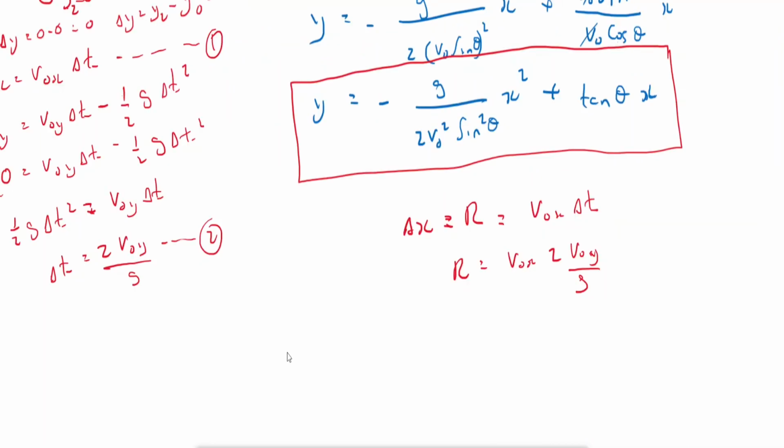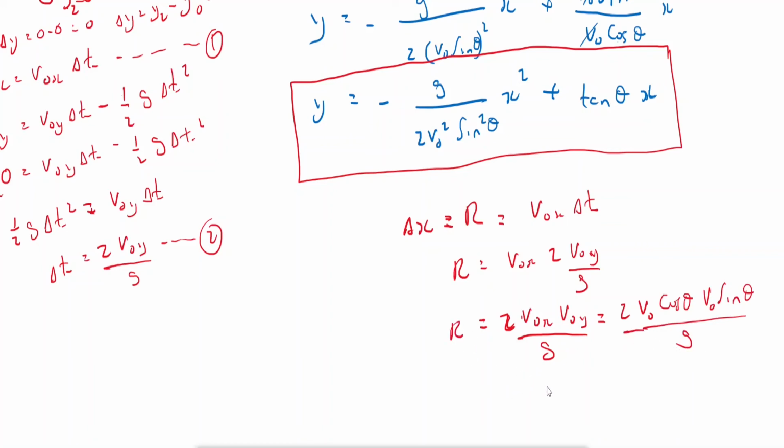This becomes 2 v0x v0y over g, which is the same as 2 v0 cos theta v0 sine theta over g. That's my range.